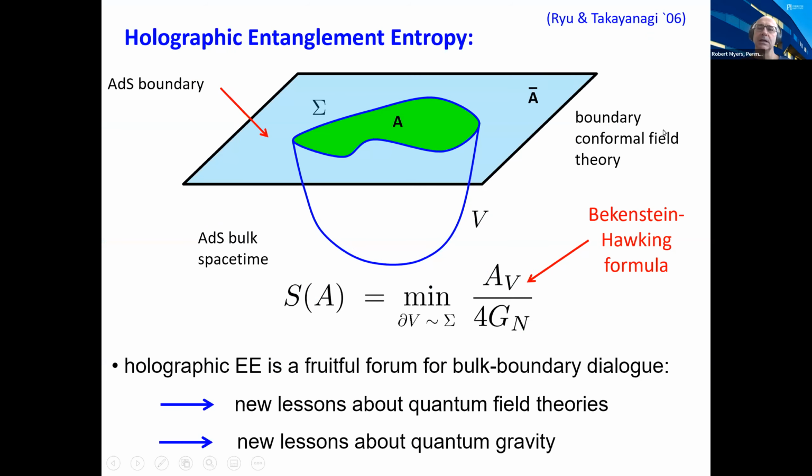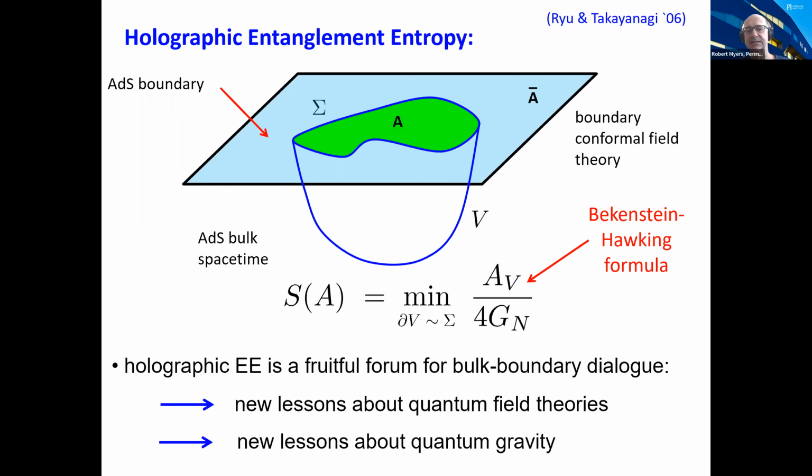So if you've seen me give a talk in the past decade, you'll know that this is one of my favorite transparencies about holographic entanglement entropy. This is the idea that Shinsei Ryu and Tadashi Takayanagi introduced us to, where we can, using AdS/CFT, transform a difficult question about entanglement or entanglement entropy in the boundary theory to a geometric question in the bulk.